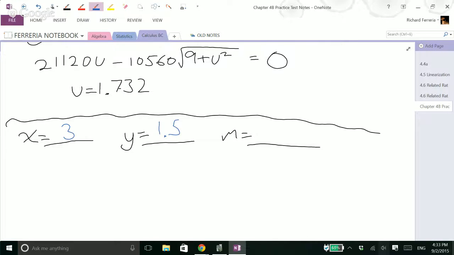And then the last thing is the slope. How do I get the slope? Plug into f prime, yeah. That's going to be f prime of 3, which is 2 sine 9 plus 3 cosine 3.